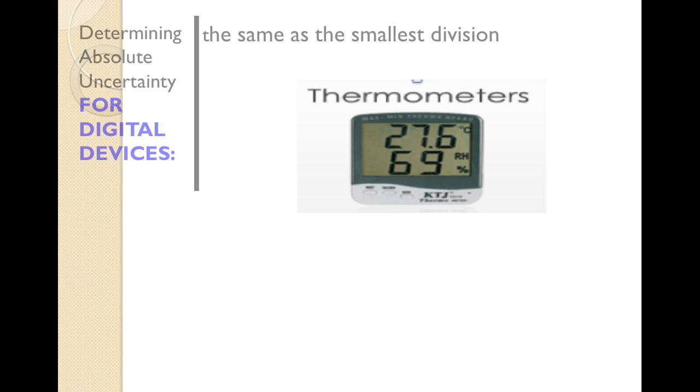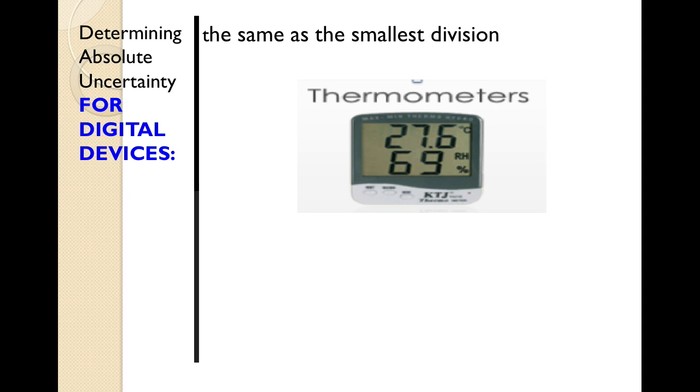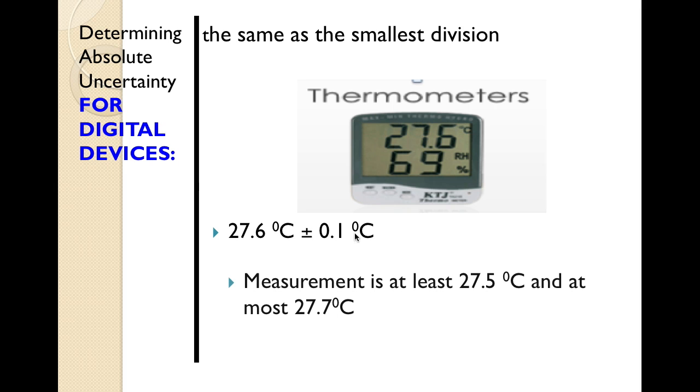Now if we were trying to determine the absolute uncertainty for devices that are digital, it is a little different because this is more accurate. So it is the same value as the smallest division. Okay, so here we have 27.6 degrees Celsius. We know that we can go to 1 decimal place. So the smallest unit is 0.1 degrees Celsius.